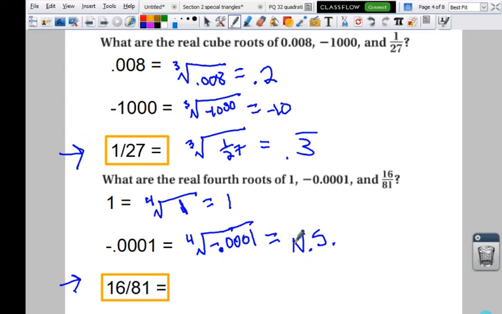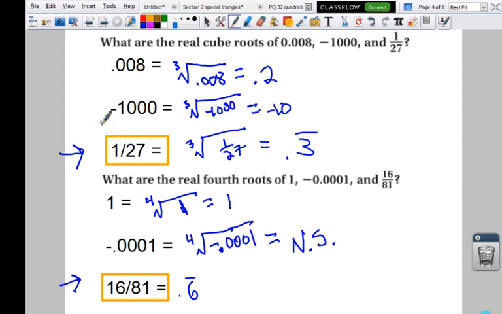All right, for the next one, the fourth root of 16 over 81. What did you get, James? 0.67, or I think you get 0.6 repeating. There's a 7 at the end because Desmos automatically rounds the very last digit. All right, not too bad, at least hopefully for this first one.